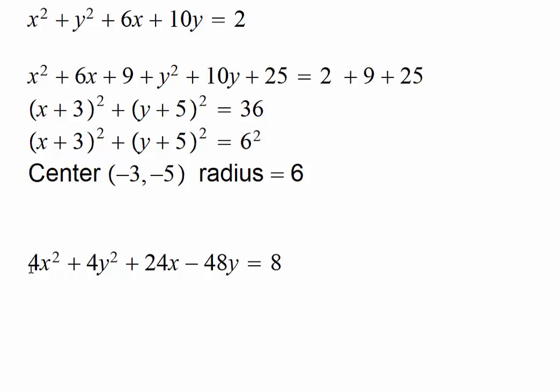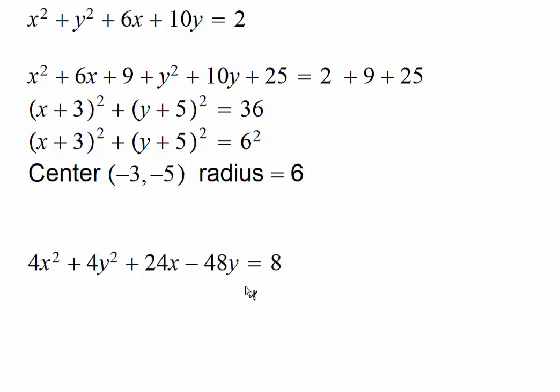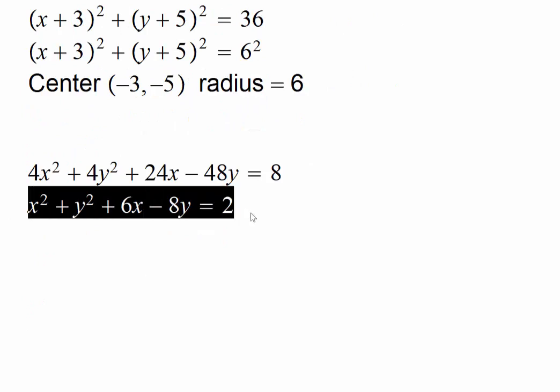So the first thing to do would be, in this case, and you may do it differently if you would like, let's go ahead and divide the entire equation by 4. Okay, so this is a 6, this is an 8, and this becomes a 2. Okay, and now we can proceed in a similar fashion as before.